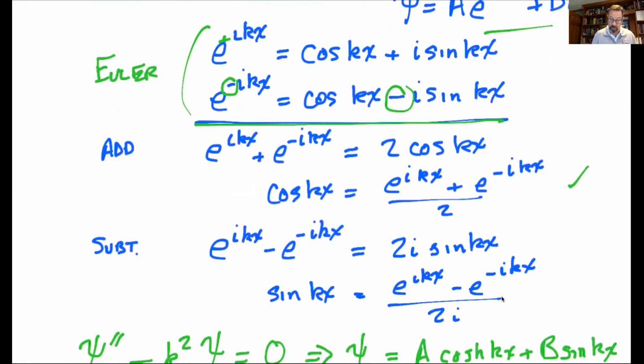Subtract them, I get the sine. Notice by subtracting them, the cosines cancel in that case. The sines add, but it's 2i. So the definition of a sine in terms of complex exponentials is e to the ikx minus e to the minus ikx over, in this case, 2i. So you can see it's a little bit different from the cosine. And that's why either of those two solutions is allowable.